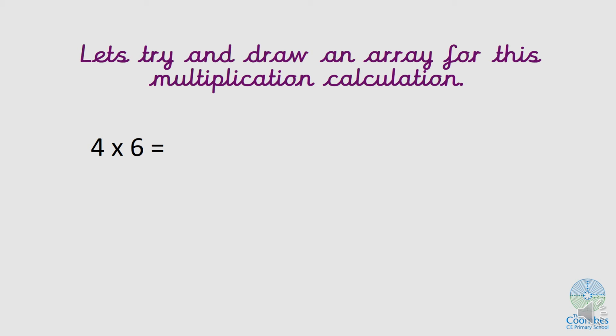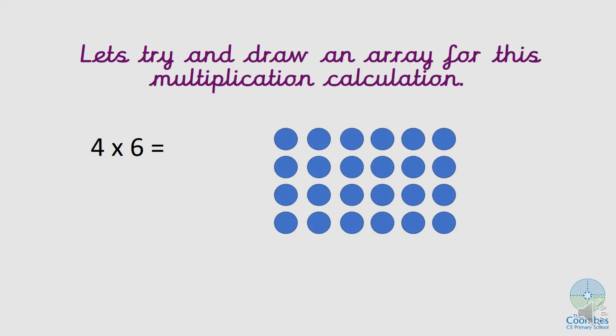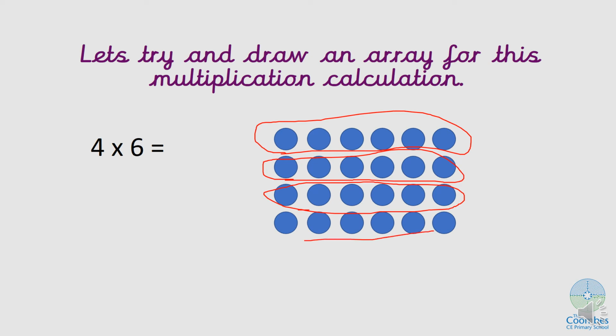Okay, hopefully you've completed your array. Let's see if it looks something like this. Here we go. We've got 4 groups. 1, 2, 3, 4. And we have got 6 in each group. 1, 2, 3, 4, 5, 6.